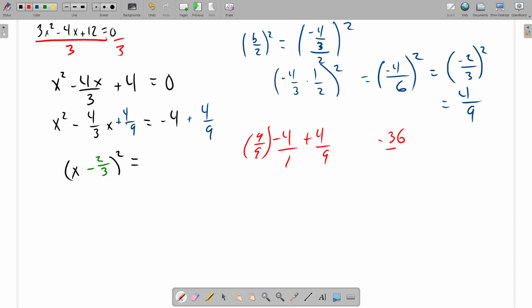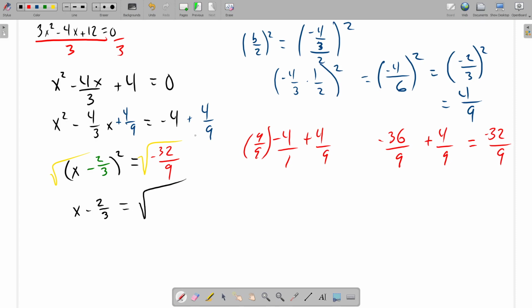So negative 36 over 9 plus 4 over 9 is going to give us negative 32 over 9. We then take the square root of both sides. The left will leave us with x minus 2 thirds equals the square root of negative 32 over 9.